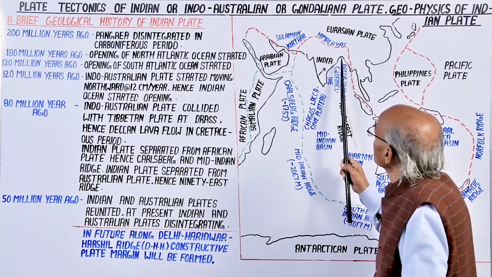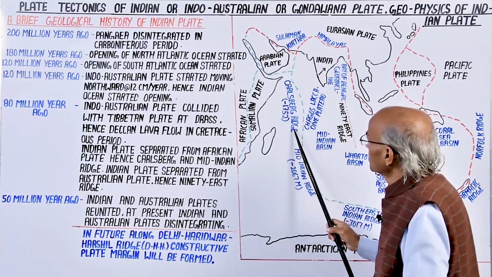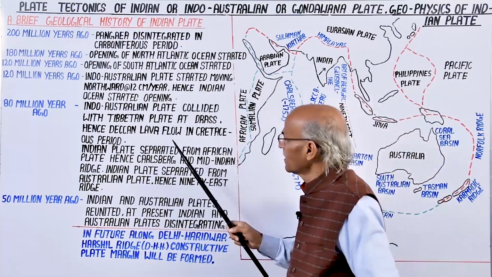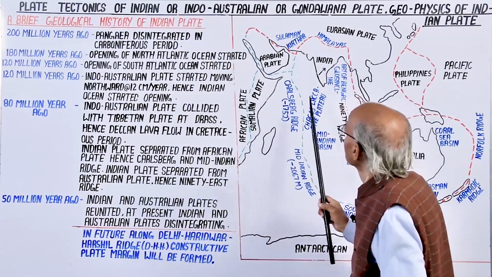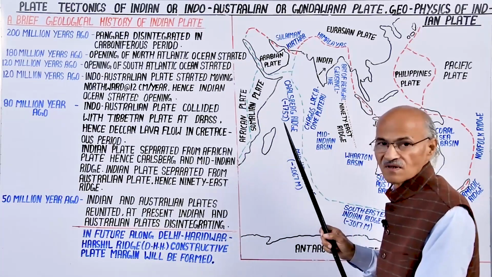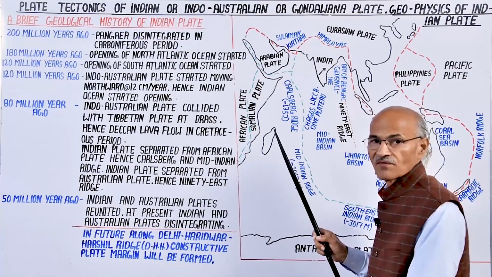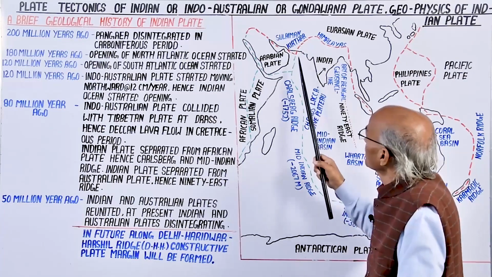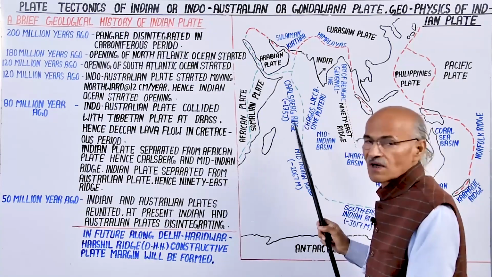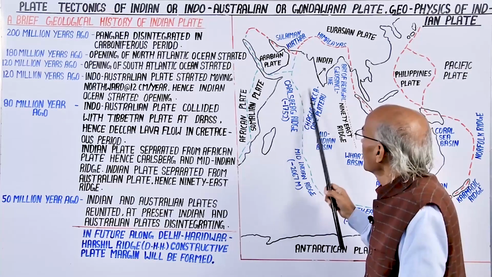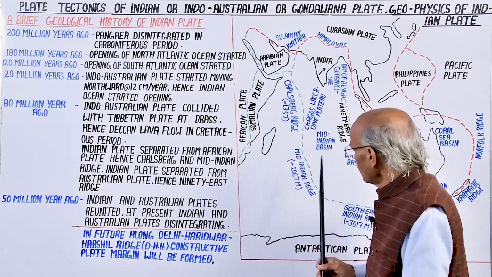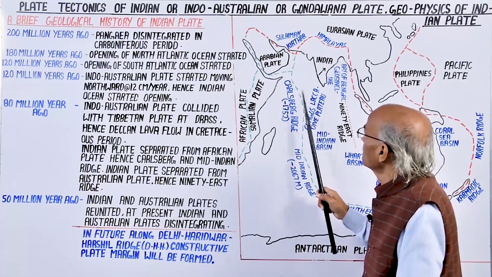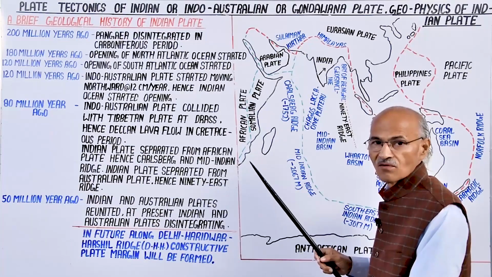In the beginning, this Indian plateau started moving northward at the rate of 12 cm per year. 12 cm is a sufficient geological speed of a plate. When it started moving northward, a fracture developed and widened, wherein the waters of the Indian Ocean entered, with the result that the Arabian Sea started opening.